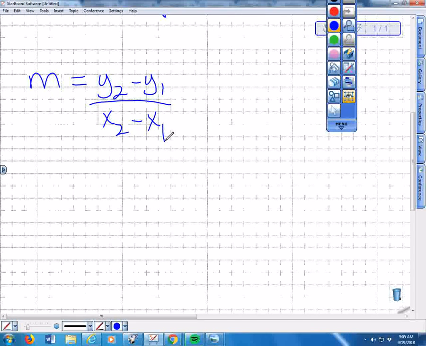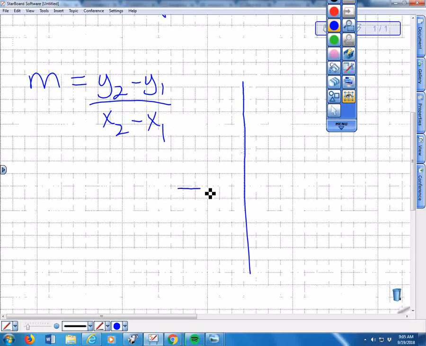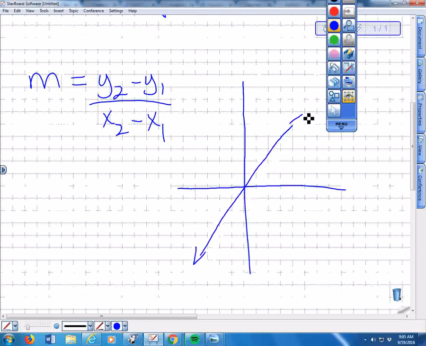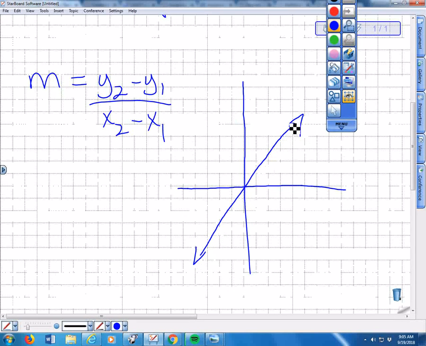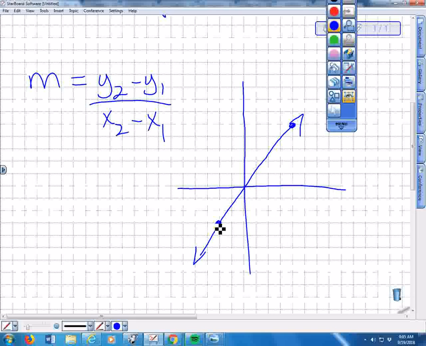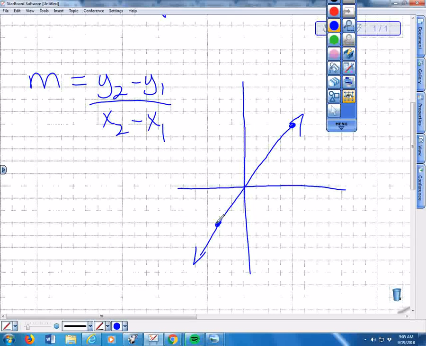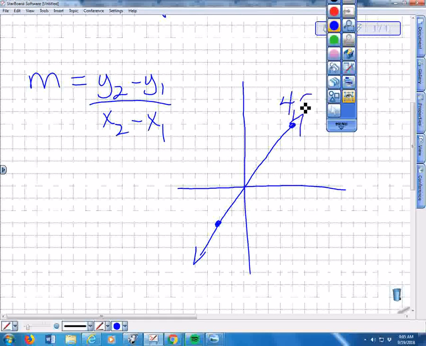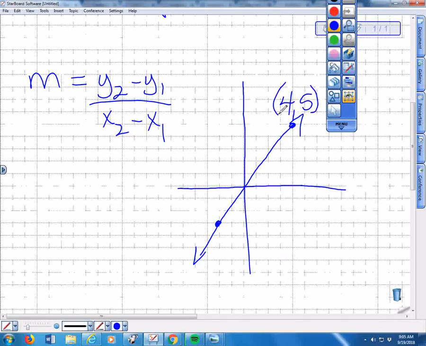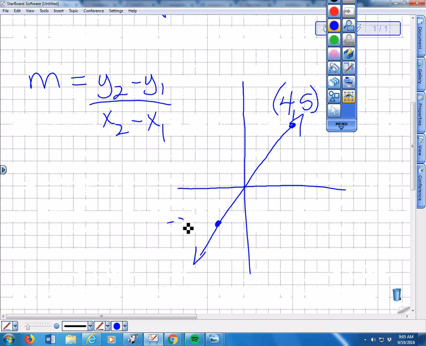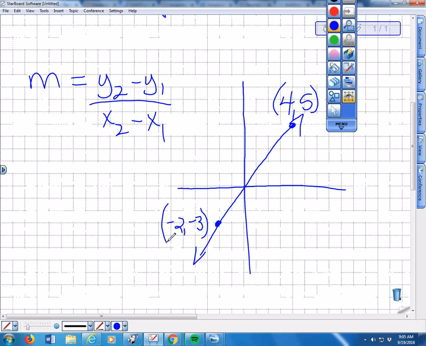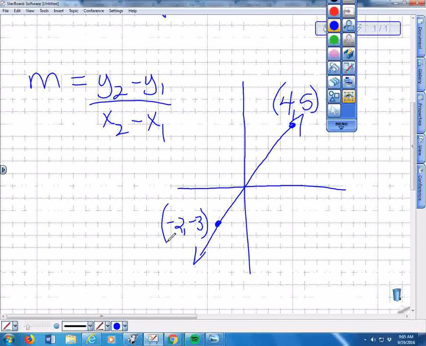What this means, if I've got a line that I'm trying to find the slope of, if I pick 2 points on this line, this point is (4, 5). This point is (-2, -3). So to find the slope of this line, the change in y, it doesn't matter what I call y2, but just keep it consistent.